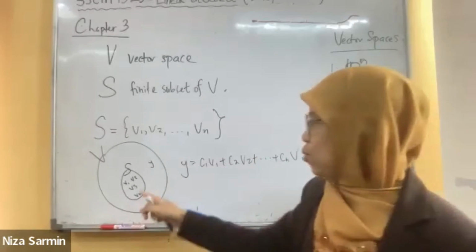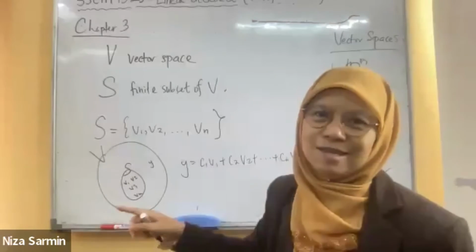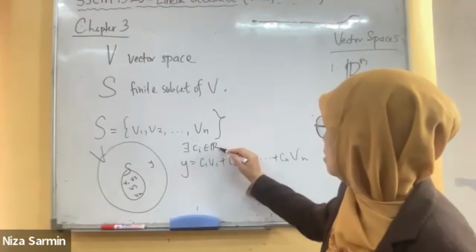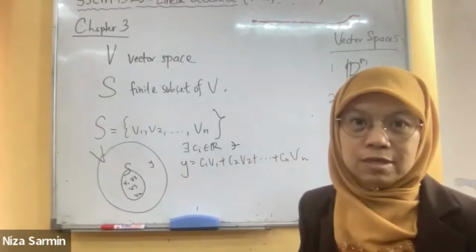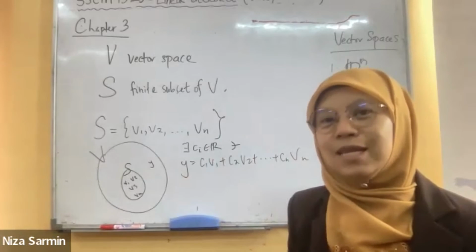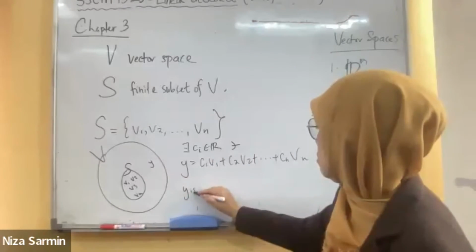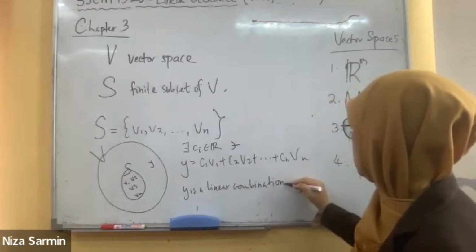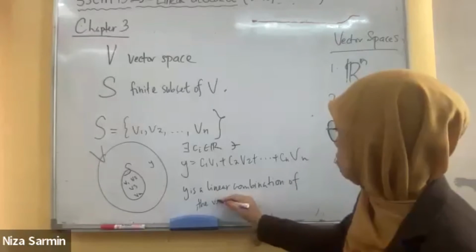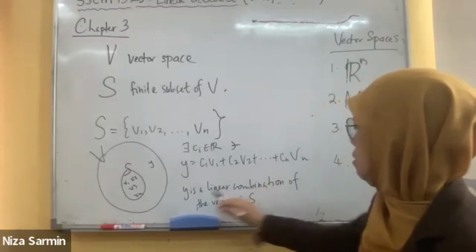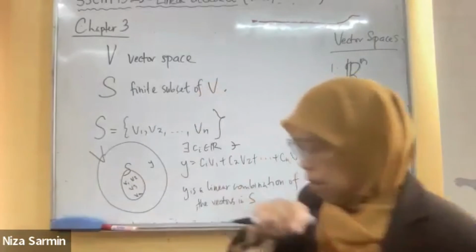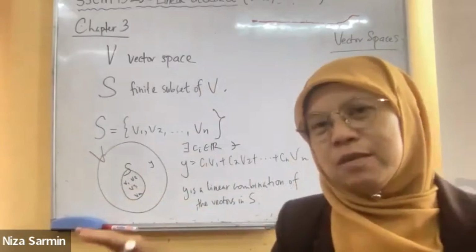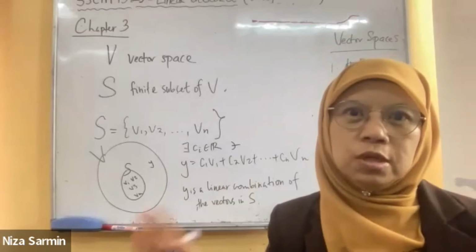So we normally take y not inside S, and then you figure out if there exist Ci such that y can be written as such, then we say y is a linear combination of the vectors in S. And how to solve it? We equate, a system of linear equations. So you can use chapter 2.